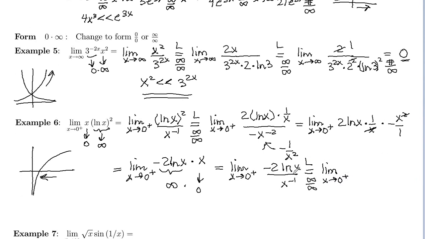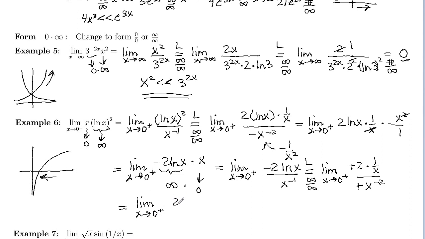And derivative of natural log is 1 over x. So this will be negative 2 times 1 over x. And then the derivative on the bottom is going to be negative 1 comes down, x to the negative 2. Negative over negative, we can change that to a positive. And then got to do some algebra here. So this is going to be limit x approaches 0 from the plus side.